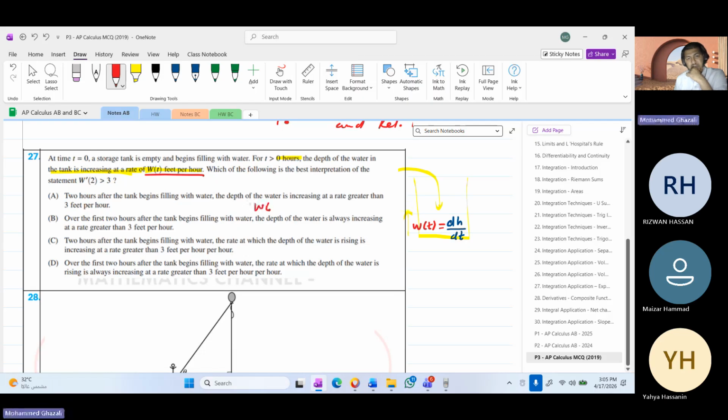So over here, I think they're talking about W prime of 2 being greater than 3. Over the first 2 hours after the tank begins filling, the depth of the water is always increasing at a rate greater than 3 feet per hour. We can't say this.